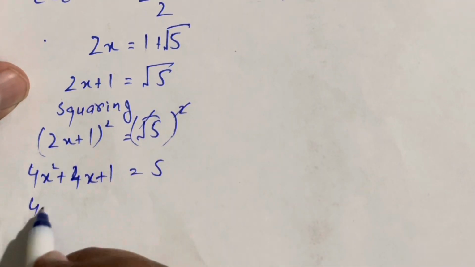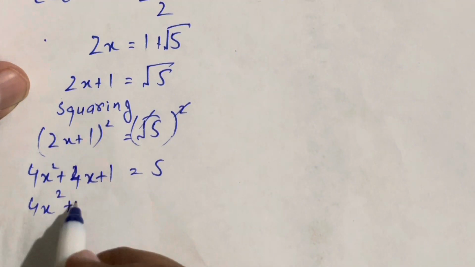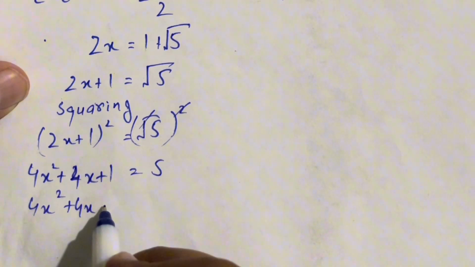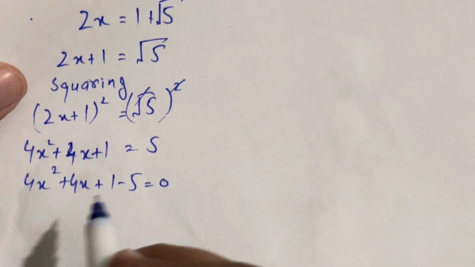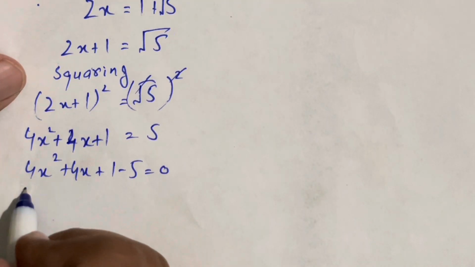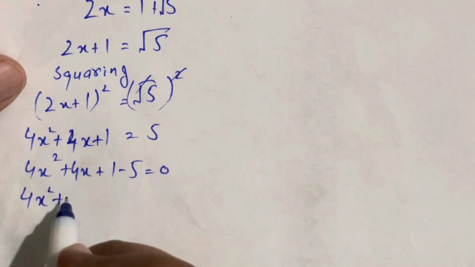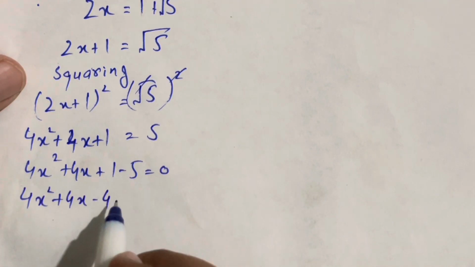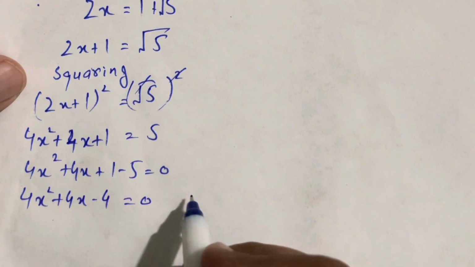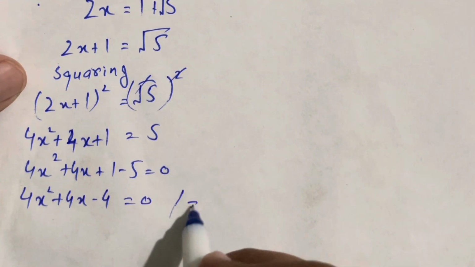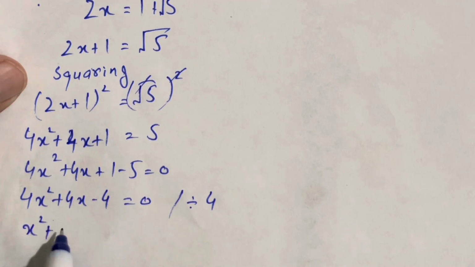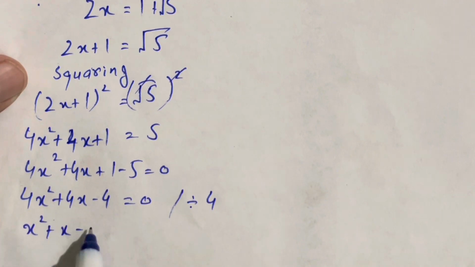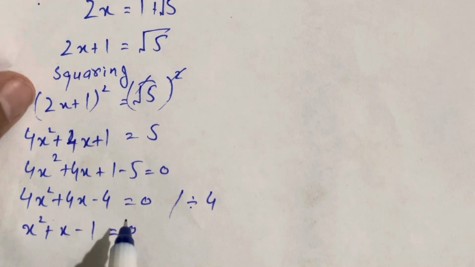Here I can write 4x square minus 4x plus 1 minus 5 equal to 0, and now 4x square minus 4x minus 4 equal to 0. Dividing by 4, the equation becomes x square minus x minus 1 equal to 0.